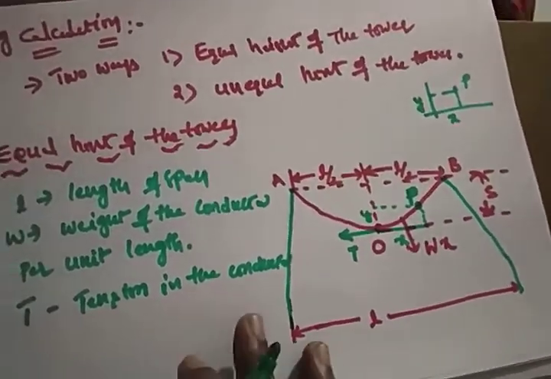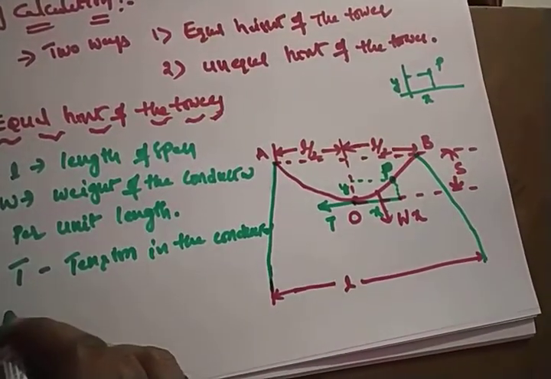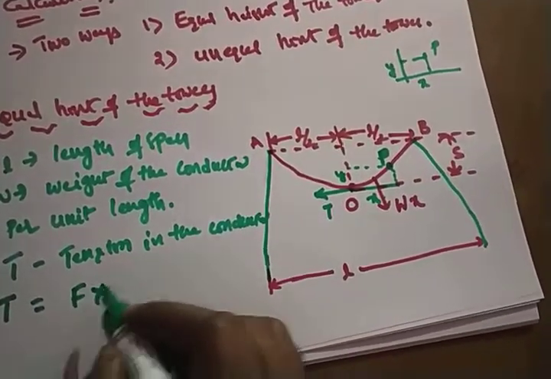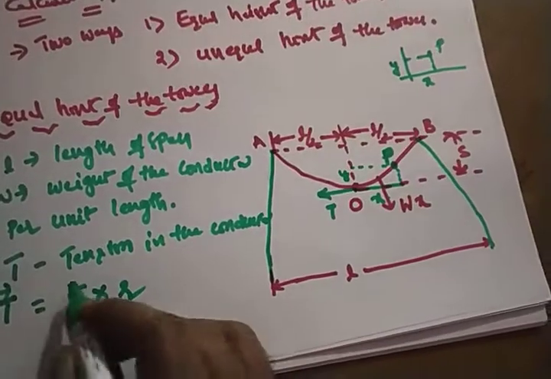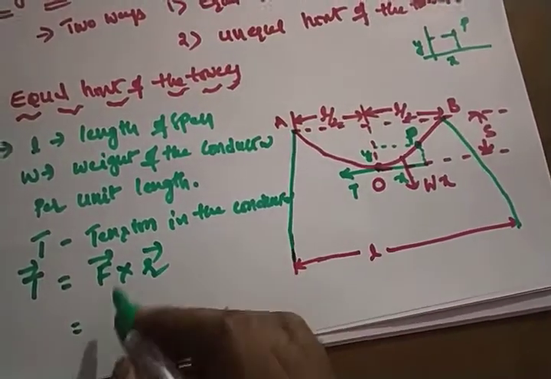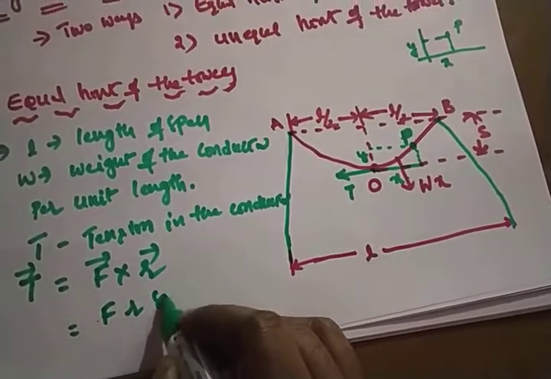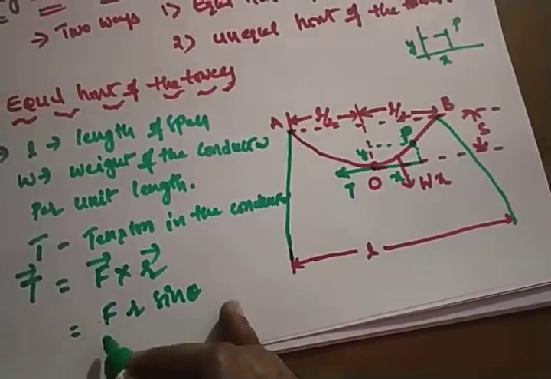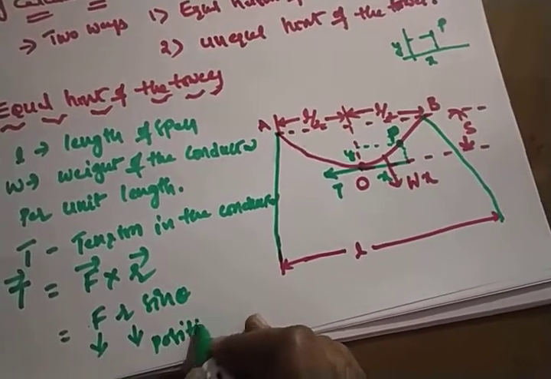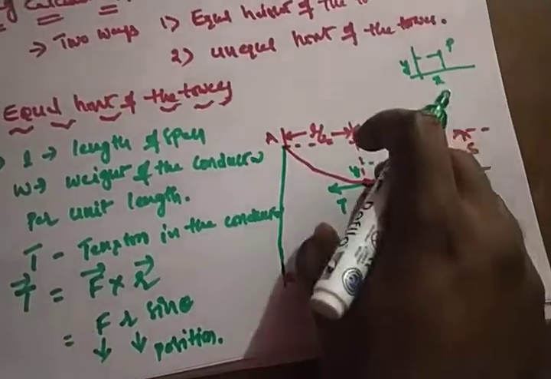What is torque? Torque is nothing but twisting force, force into distance, or as vectors, force vector and position vector, F r sin theta, where F is the force and r is the position vector. The torque must be equal.